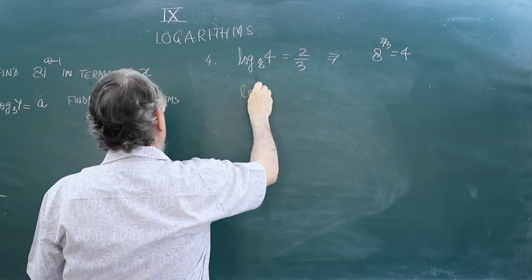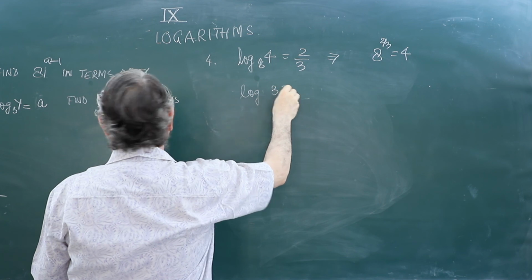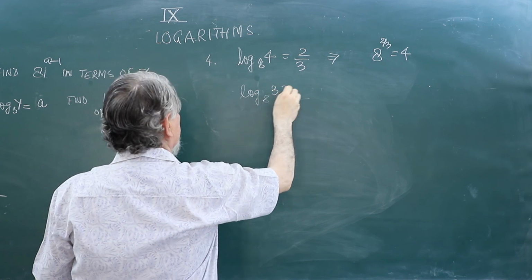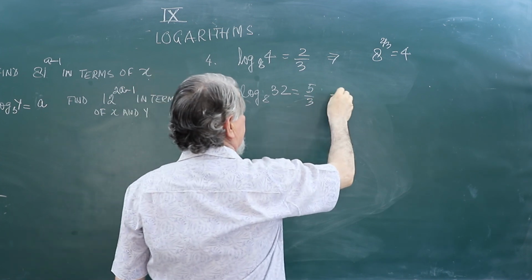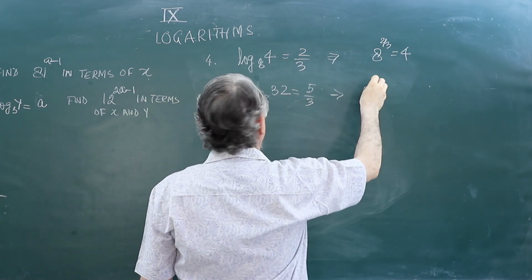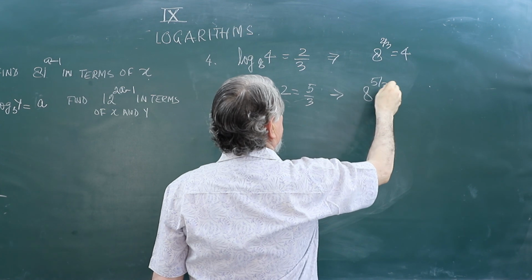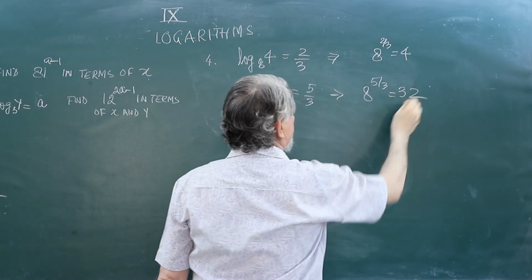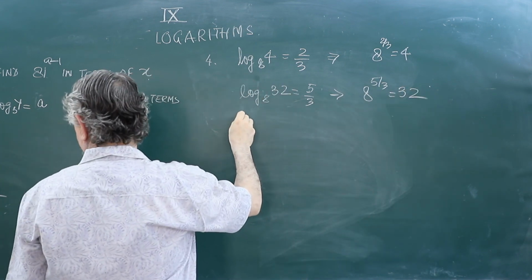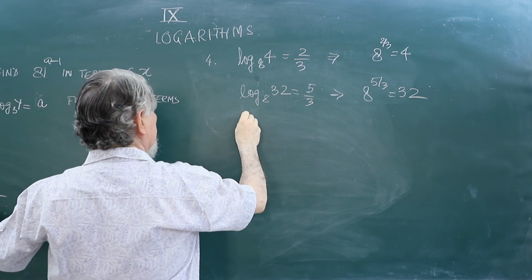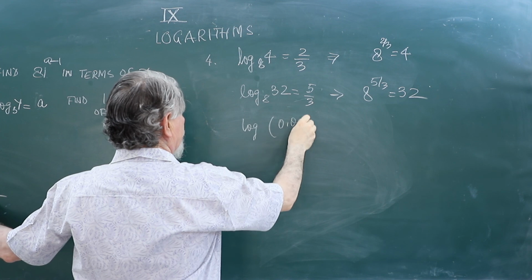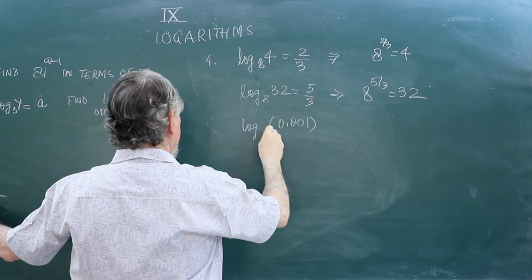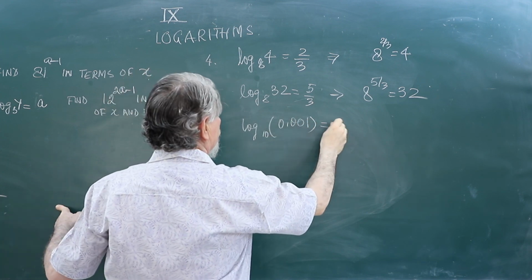Log 32 to the base 8 is equal to 5 upon 3. So again 8 to the power 5 upon 3 is equal to 32. Log 0.001 to the base 10 is equal to minus 3.